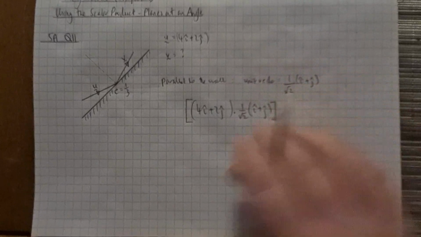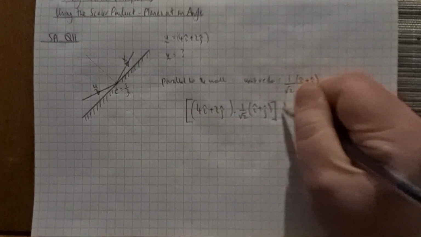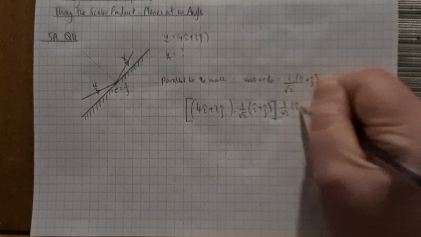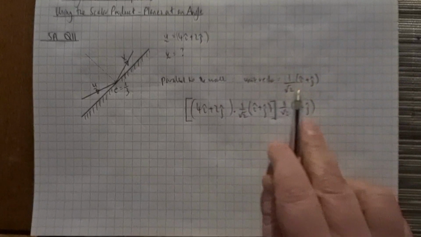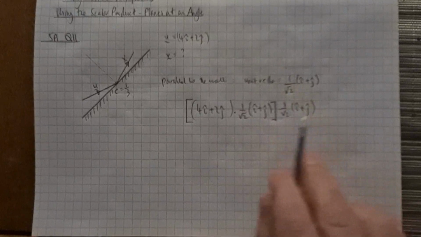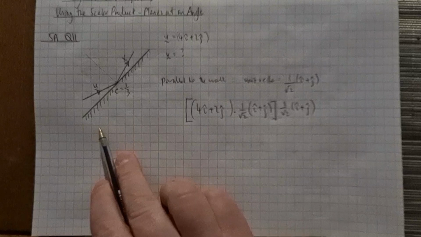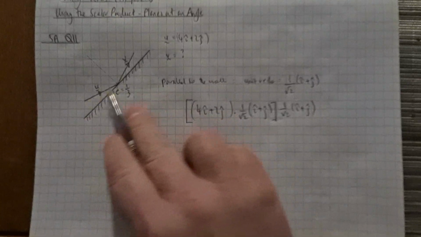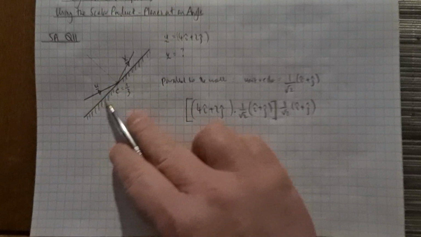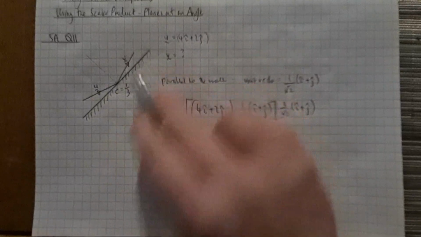And then if we multiply our dot product by the unit vector, we'll have the value of the component of our vector u that's parallel to the plane.